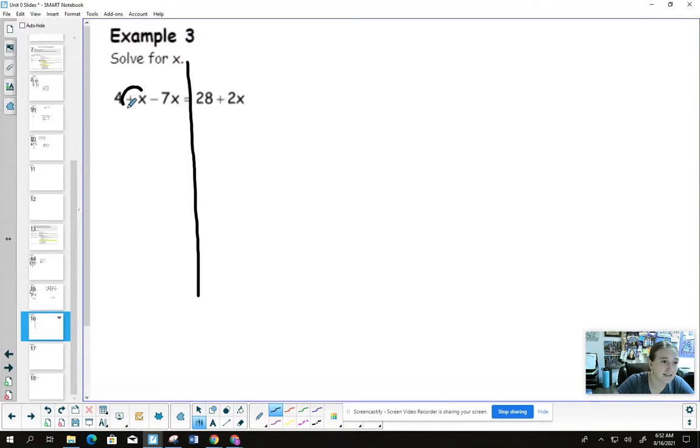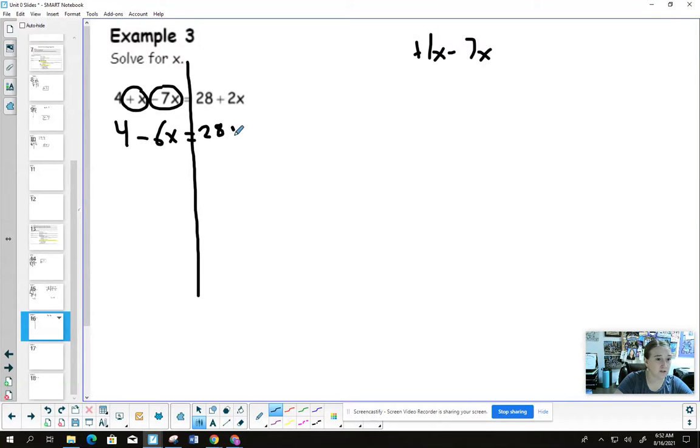Okay, well, the positive x and the negative 7x, those are like terms on the left side. I still have 4, and then this is a plus 1x and a minus 7x. You should have gotten negative 6x. Be careful that you did not drop the sign. It's a negative 6x.